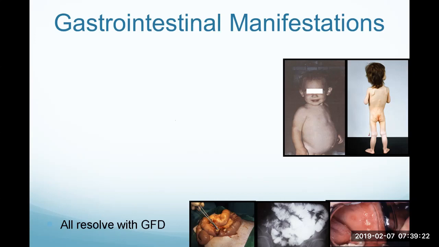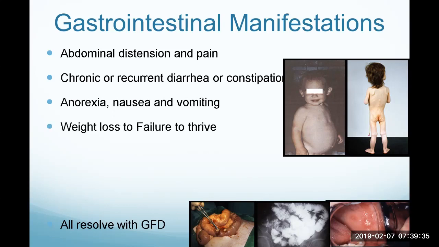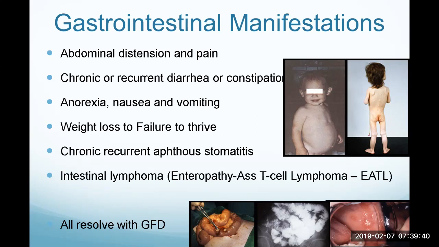Most of these patients who come in with GI manifestations present with either abdominal pain, distension, diarrhea, constipation, nausea, up to failure to thrive, and less commonly intestinal lymphomas can be a presenting symptom. Though I have seen one pediatric patient with this, according to the literature, the majority of this symptom is seen in older kids or adults.